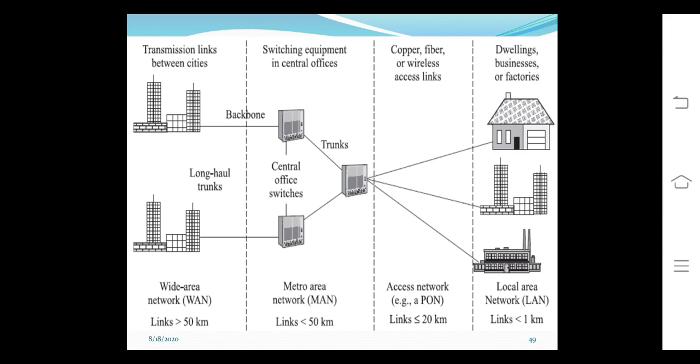The next is metro area networks, which connect many central office switches, and trunks are connected to the main central switches. And the access network is an example of a private optical network, with a distance of less than or equal to 20 kilometers, which will have only copper, fiber, and sometimes wireless access links.